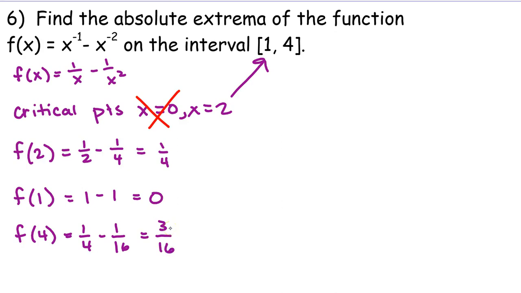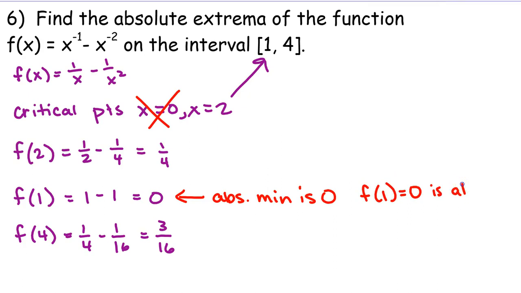Okay, we have the y coordinates of the critical points that fall in the interval and the endpoints, and now we compare them. Which one is the greatest? Which one is the smallest? So the smallest is 0, so that's going to be our absolute minimum, and it happens at 1, so you can say f of 1 equals 0 is the absolute minimum.